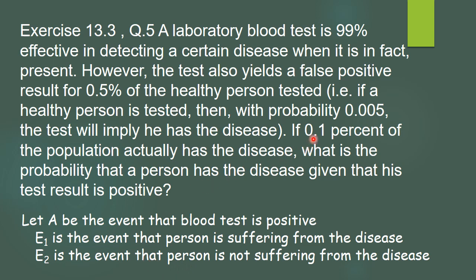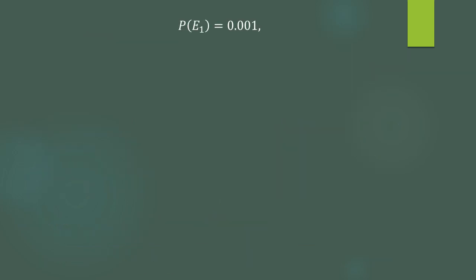Now what they have given, only 0.1% is actually suffering from the disease. So probability of E1 is 0.001, because 0.1% becomes 0.001. Either you suffer from the disease or you do not. So the probability of E2, not suffering from the disease, will be 1 minus probability of E1, which is 1 minus 0.001, equal to 0.999.